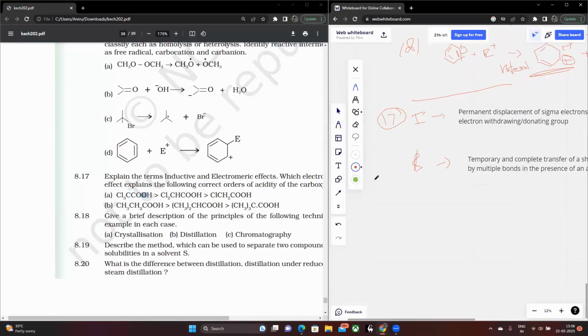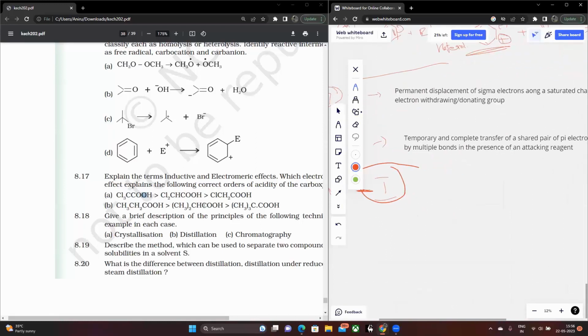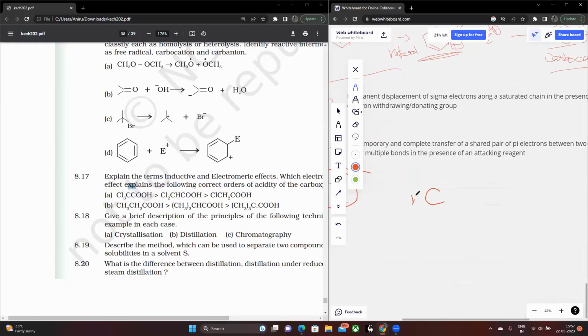Halides always undergo the minus I effect. So the first one, A, is explained by the minus I effect. As these halides draw electrons away from the COOH, the O minus charge that forms when this hydrogen is taken away is stabilized, and the acidic behavior is maintained.